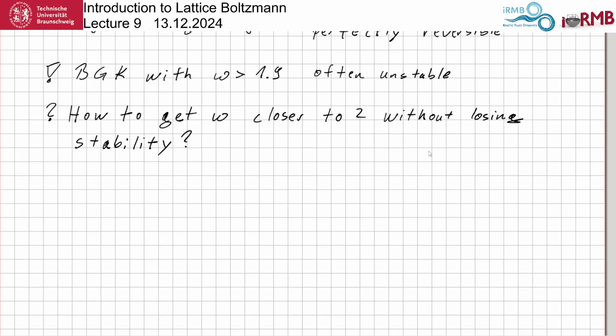Okay, let's dive into the theory again. So, very central lecture was lecture 6, where we had this asymptotic analysis. We'll always return to this. So in lecture 6, there we had equation 6.6.6.